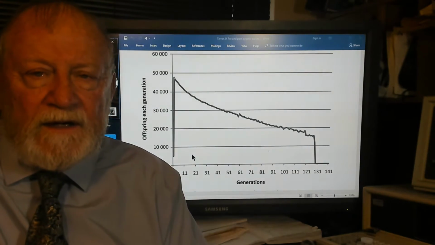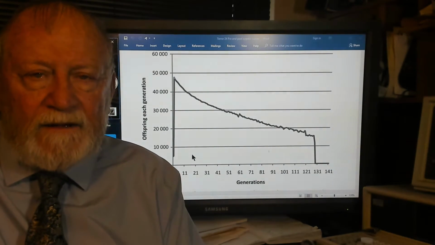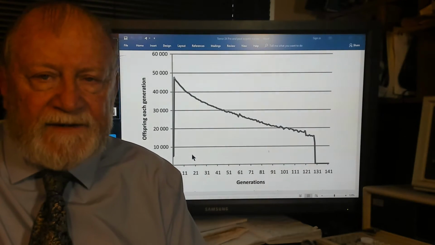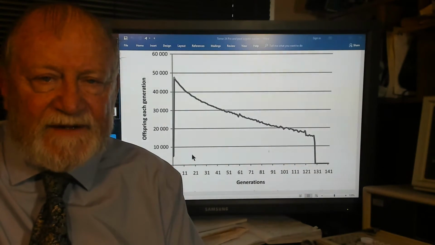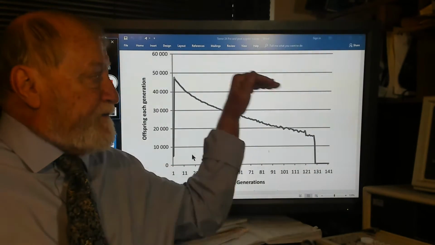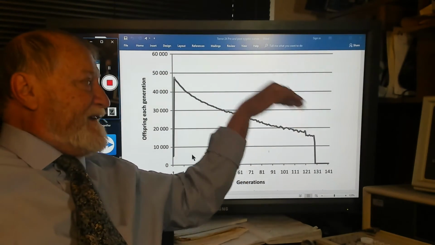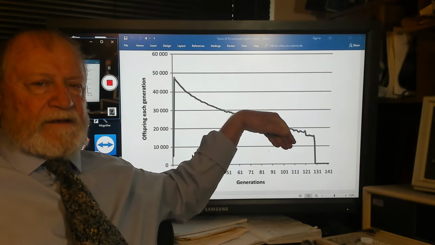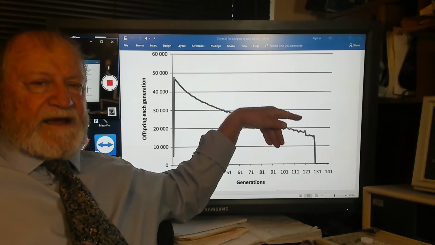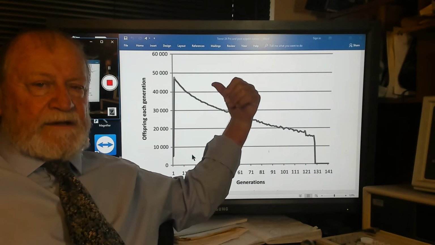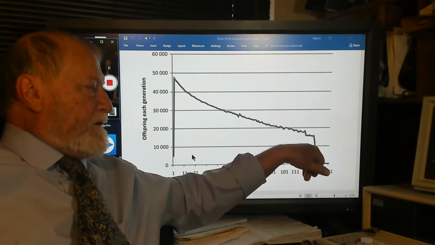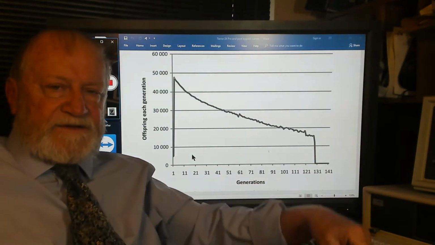If you dink around with it and lower your maximum population size, you push that down, you push that out. So if you get low enough, then your endurance increases.